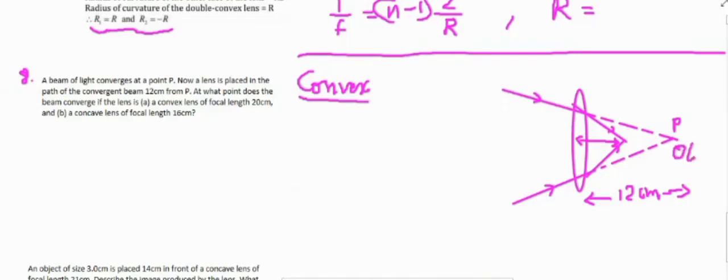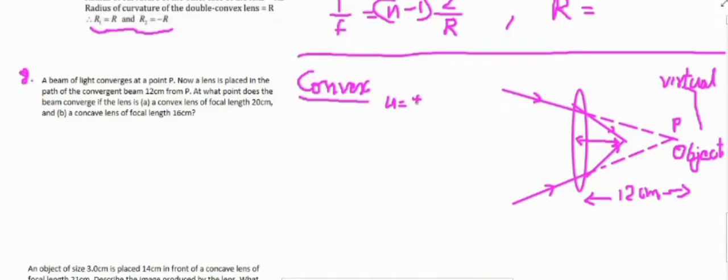So this is the object for the lens. But there is no actual object present there. Therefore, what type of object? That is a virtual object. That you have to note very clearly. As it is a virtual object, you have to take 12 centimeter as u. u is equal to 12 centimeter.